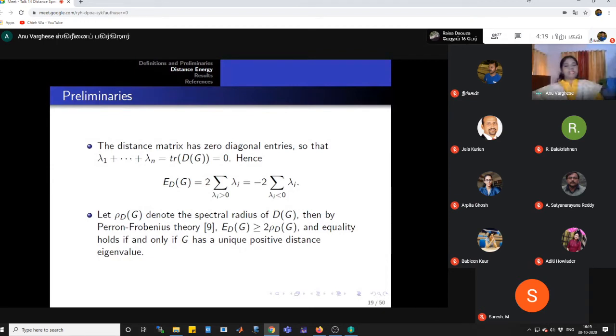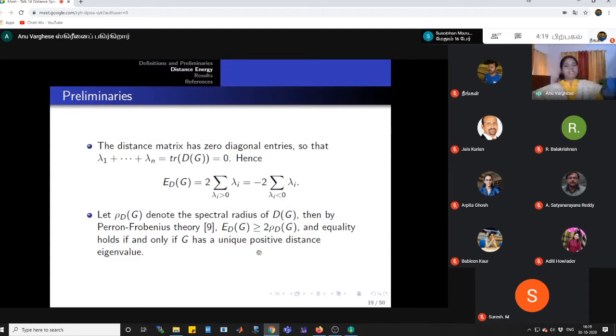So, if we consider a graph with a unique positive distance eigenvalue, then the sum of the positive distance eigenvalues will be exactly that unique positive distance eigenvalue. So, to find the distance energy, we only need to double that unique positive distance eigenvalue.